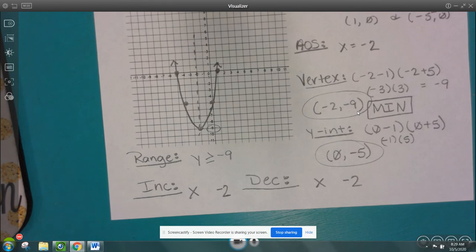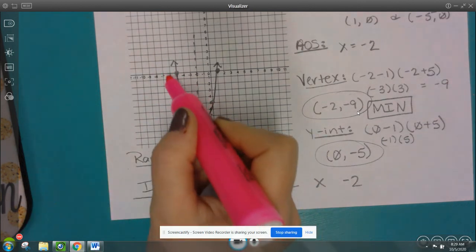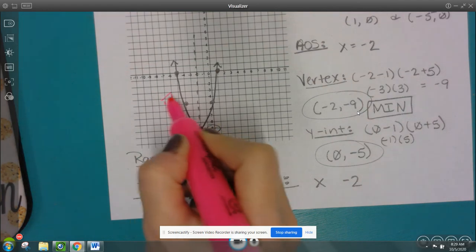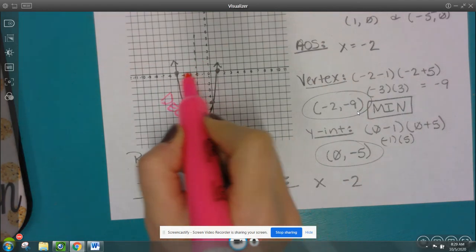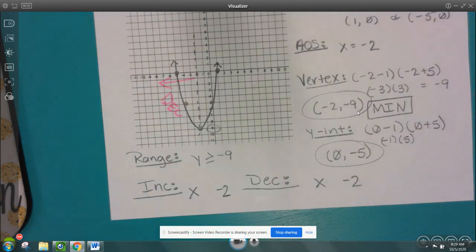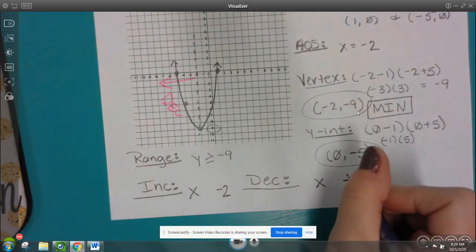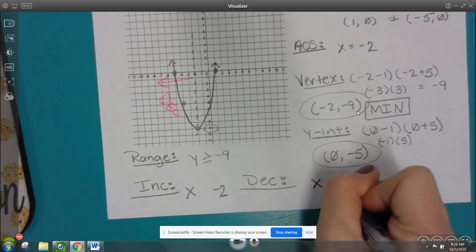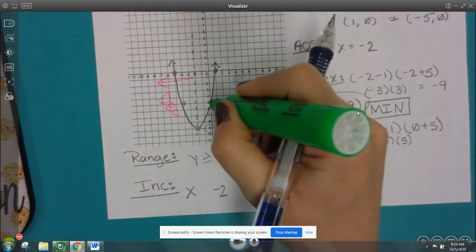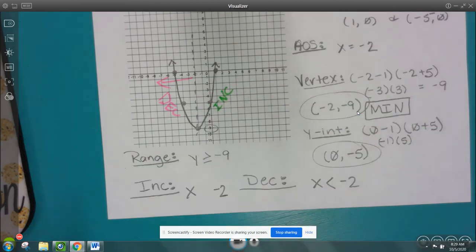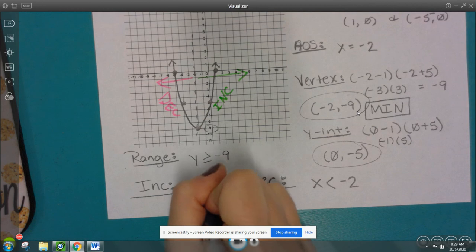So now if I'm a little ant walking along my parabola, the first thing I'm doing is actually decreasing, and I'm going down to my vertex. So decreasing is now all of these numbers that are smaller than -2. And then once I get to my vertex, then I start increasing. So increasing is now all the numbers that are bigger than -2.